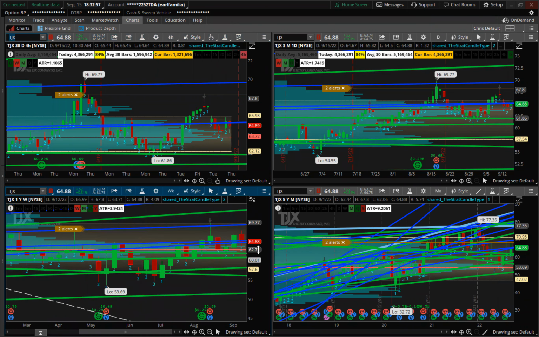So the next one here is TJ Maxx. It looks like this one is fighting with a monthly level broadening formation. It looks like it pushed down pretty significantly in the afternoon. So we've got a couple different outlooks here. We've got the bearish setup here on the 4-hour below 64.64.